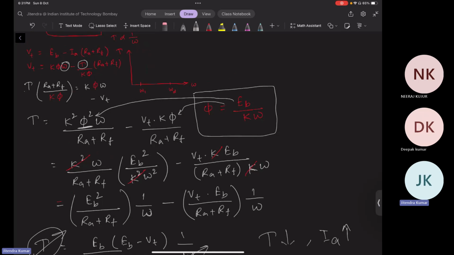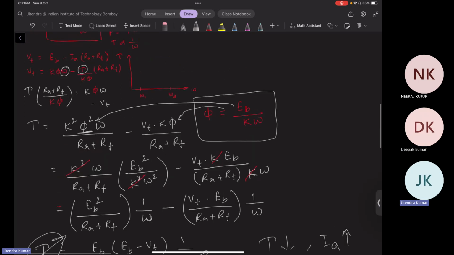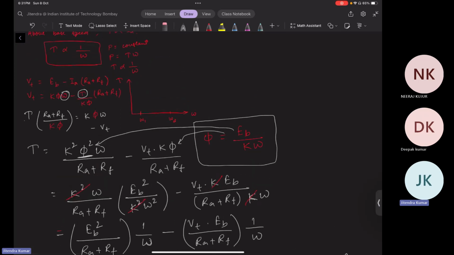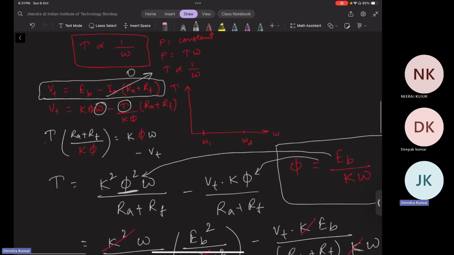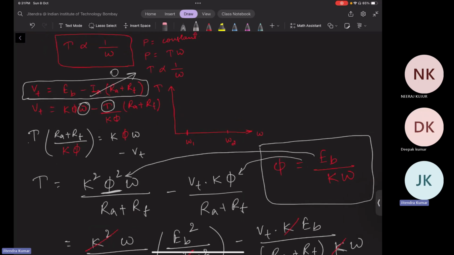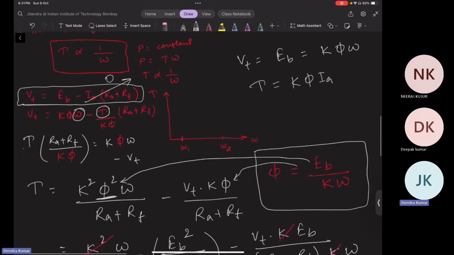So here itself, if you can relate, you play with this equation. Okay, at no load, this component will be gone, right? So when this component is gone, you will have Vt is equal to Eb, which will be k phi omega. And another thing is that torque you can anytime equate, but torque you can get as k phi Ia, but initially both are zero.